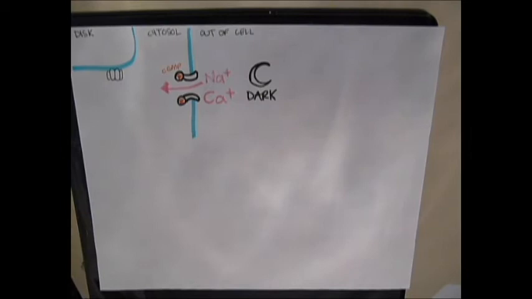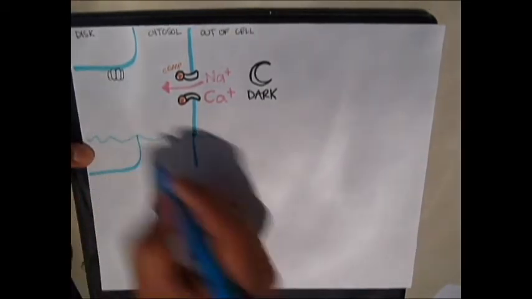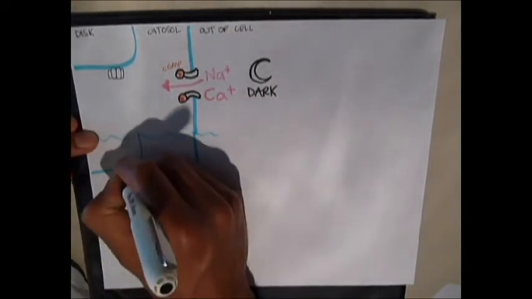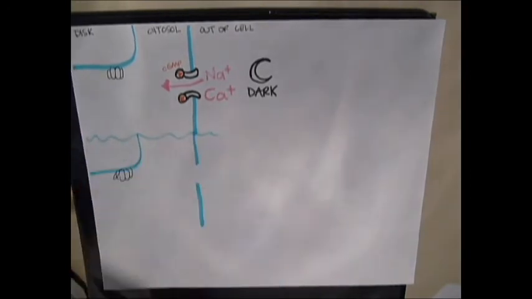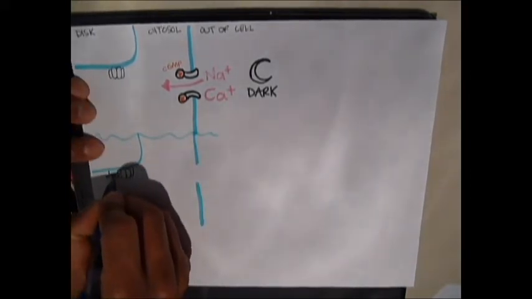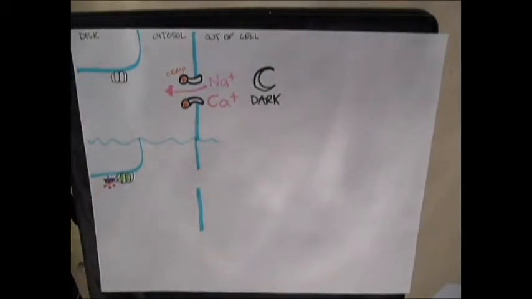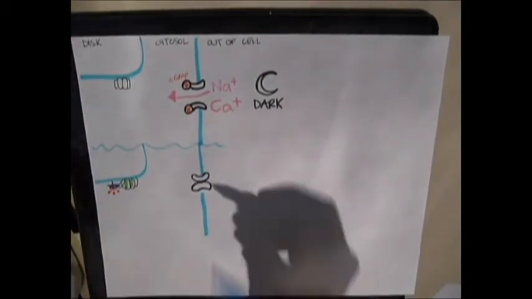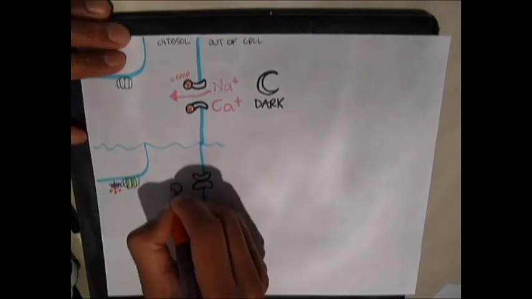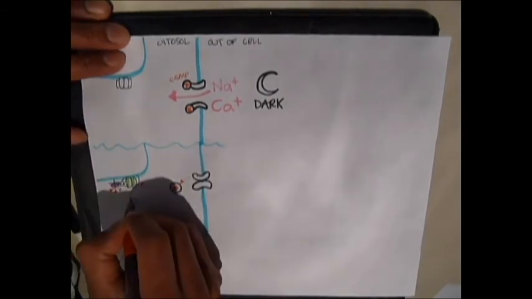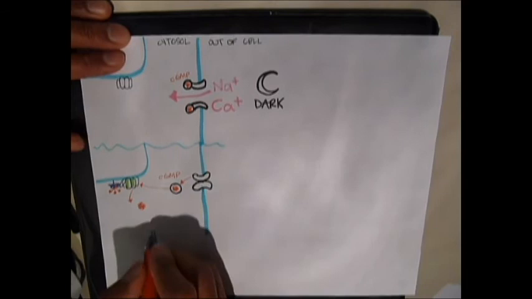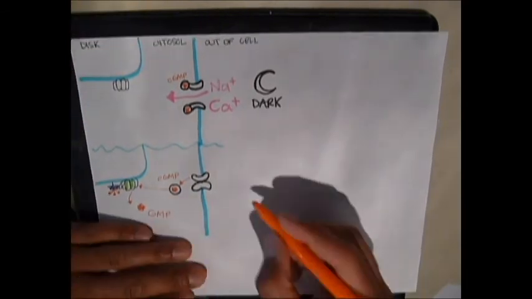And cyclic GMP is bound to the channel at the outer cell membrane. This is what's going on in your eye in the dark. So there's a constant flow of sodium and calcium into the photoreceptor cell when there are no photons of light giving it any kind of response, and while cyclic GMP is bound to that gated channel.